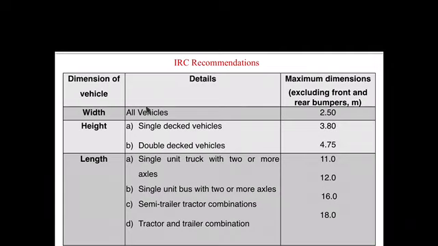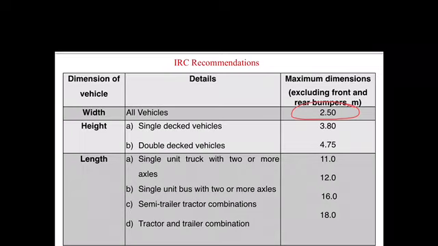Now let us look into what the IRC recommendations, what the Indian Roads Congress, says on the width, height and length of the vehicle. Invariably, the width of vehicles for all categories of road is restricted to 2.5 meters in India. The width of a vehicle should not exceed 2.5 meters.